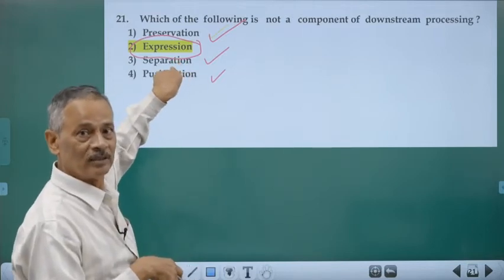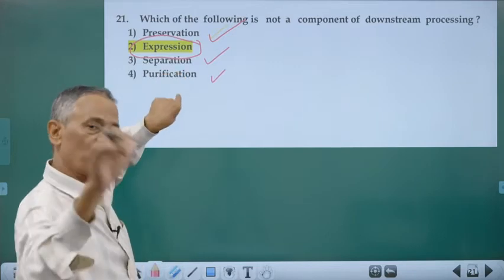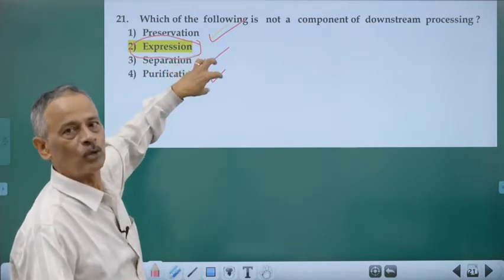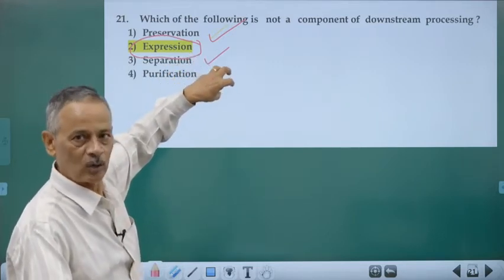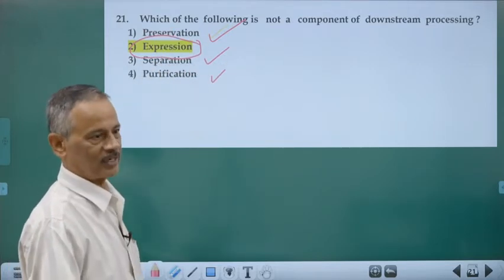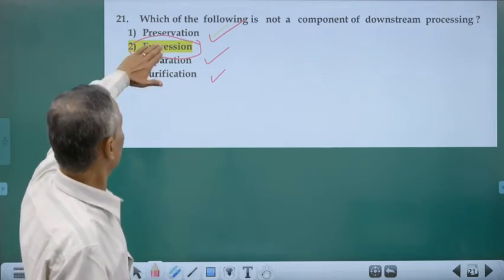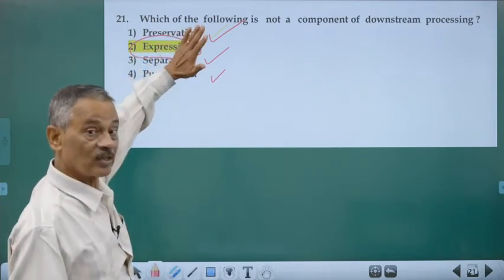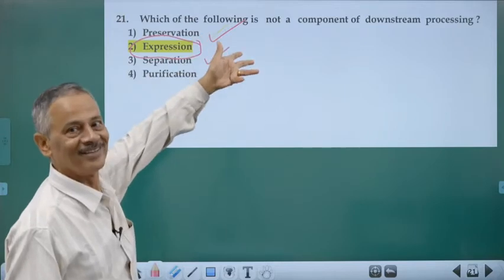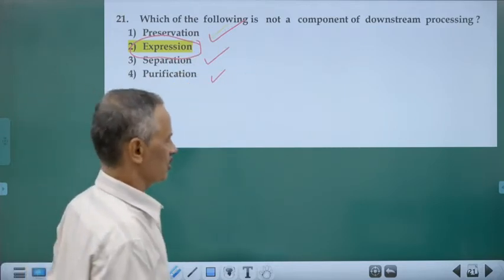That protein is produced because of the expression of the recombinant gene you have given, and it is to be separated, purified and marketed. All of them are part of the downstream process, and expression is what has already happened, because of which the protein is produced in the culture medium.